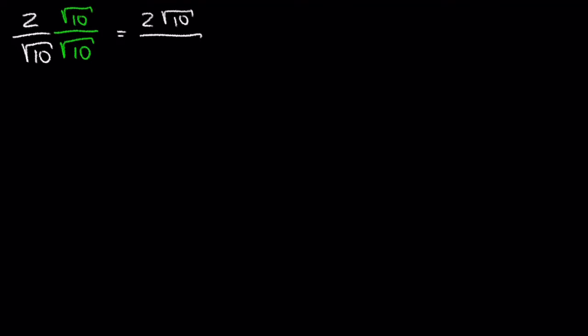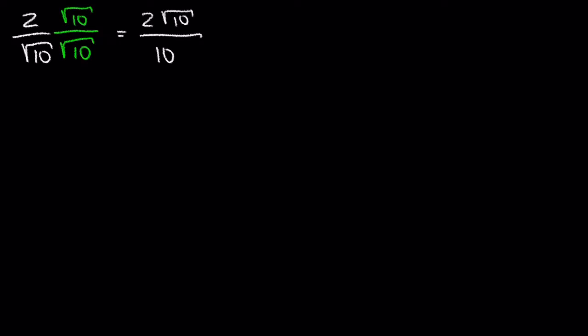Let's look at this example. 2 over the square root of 10. Multiplying by the square root of 10 on the top and at the bottom gives us 2 times the square root of 10 on the top and 10 at the bottom.